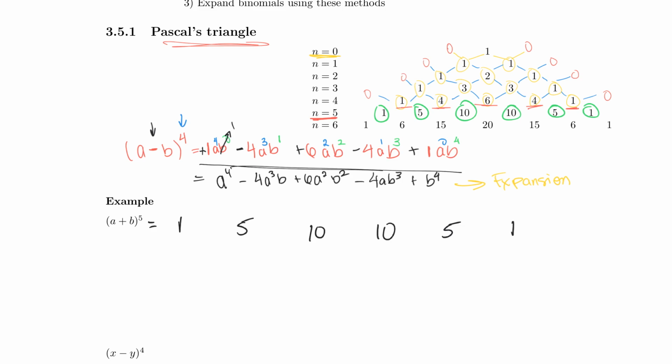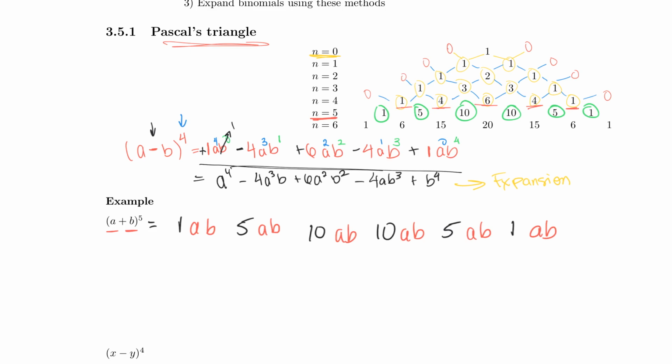Next step is to write the two terms that we have in our binomial, multiplying in every single term in the expansion. So we have a b, a b, a b, a b, a b, a b.